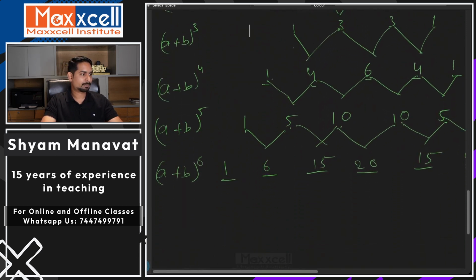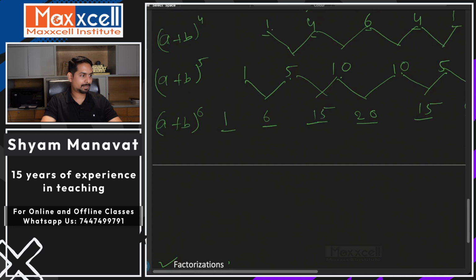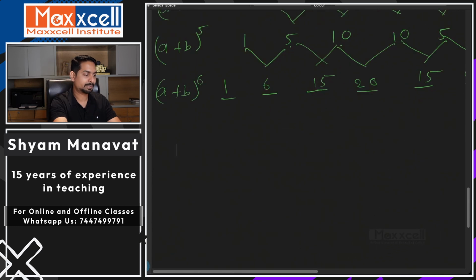And this we have got, Pascal's triangle, right? So the first thing we understood from here is, if it is a plus b to the power n, we are trying to generalize, okay? Let me use a different color here. So a plus b to the power n, if you try to generalize, it always starts with a to the power n and ends with b to the power n, right?